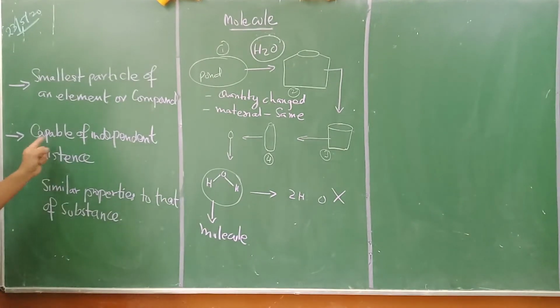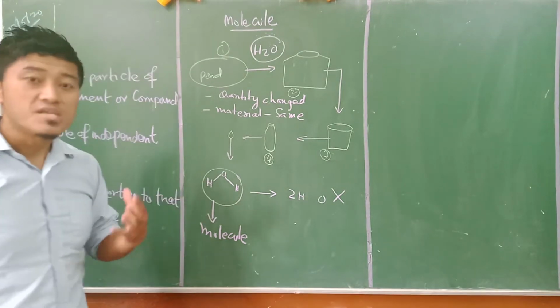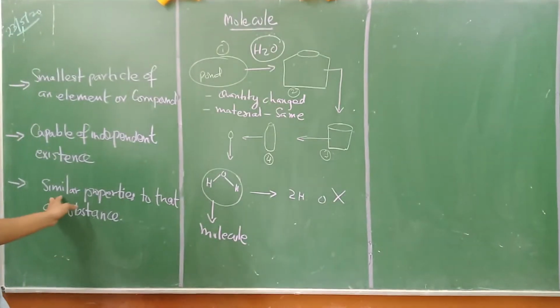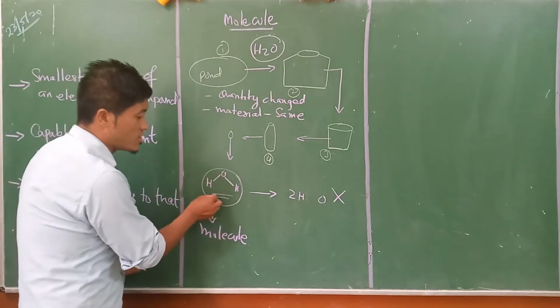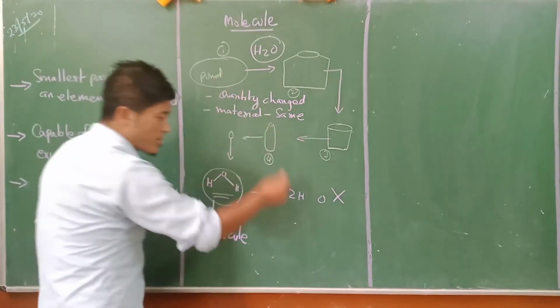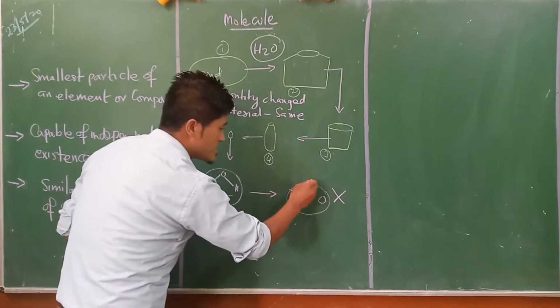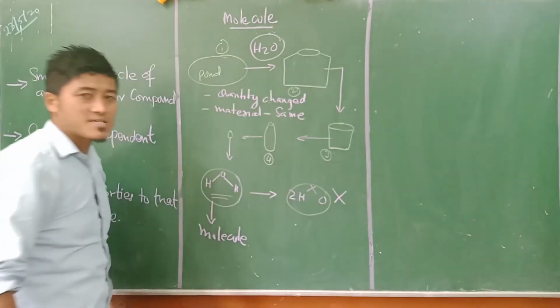And it should be capable of independent existence. That means it should have independent existence, and it should have similar properties to that of the substance. For example, this particular water molecule has similar properties to the water present over here. Whereas this one doesn't have similar properties to this one over here, because they are in gaseous form.